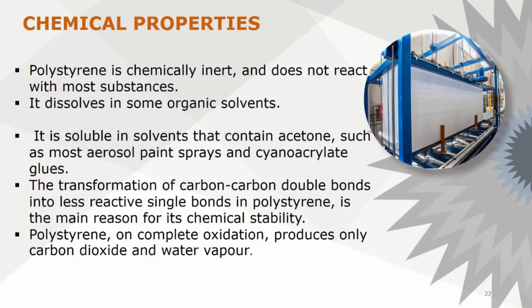The transformation of carbon-carbon double bonds into less reactive single bonds in polystyrene is the main reason for its chemical stability. Polystyrene on complete oxidation produces only carbon dioxide and water vapor.